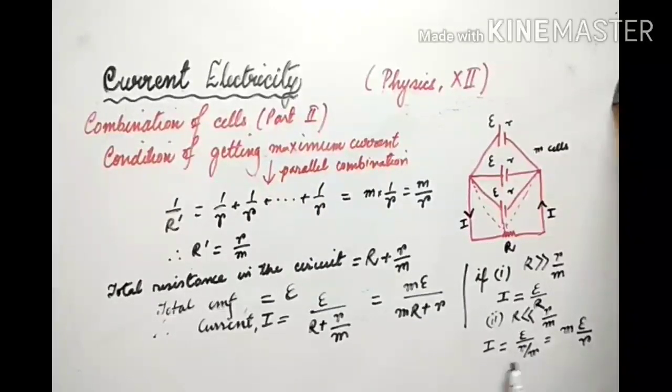So this is the condition where we will get the maximum current in the circuit. In this condition I equals M times E by r, that is, the current is increased M times the current provided by a single cell. So when R is much less than r by M, we get the maximum current.